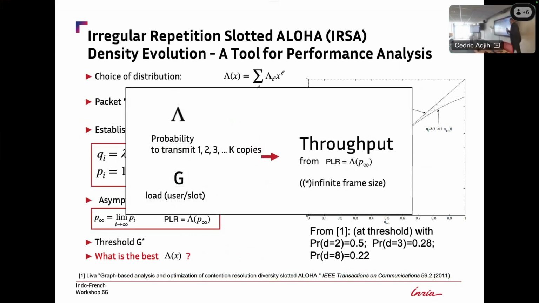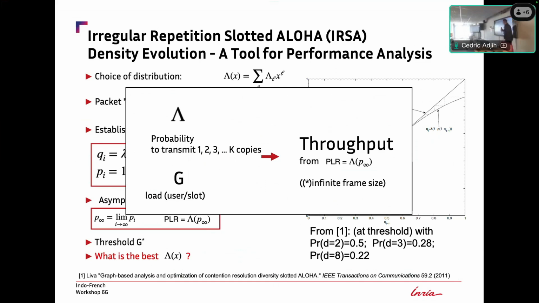What they give you at the end is one tool where you give a probability distribution and a given load, like 0.5, and then you can compute the throughput that you will get. But you have to note that this throughput is for infinite or very large frame size.